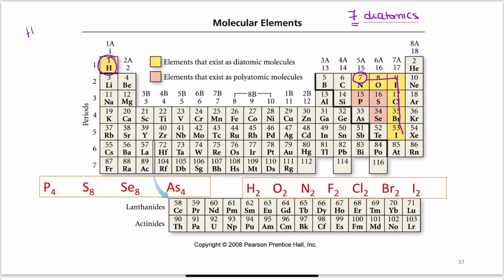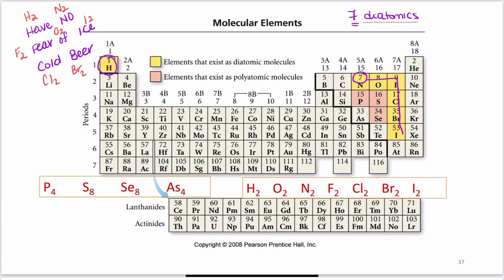So again, if you want to remember have no fear of ice cold beer, that is for H2, N2, F2, O2, I2, Cl2, and Br2.